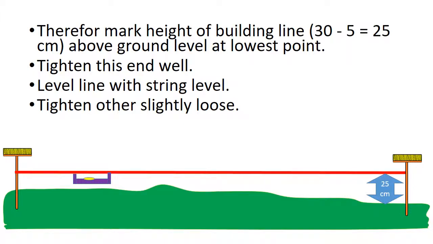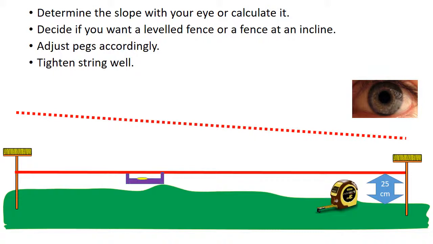The reason is you need to use your eye, or you can even tape it more accurately. If you see there's an incline, you must now determine how you want your fence.